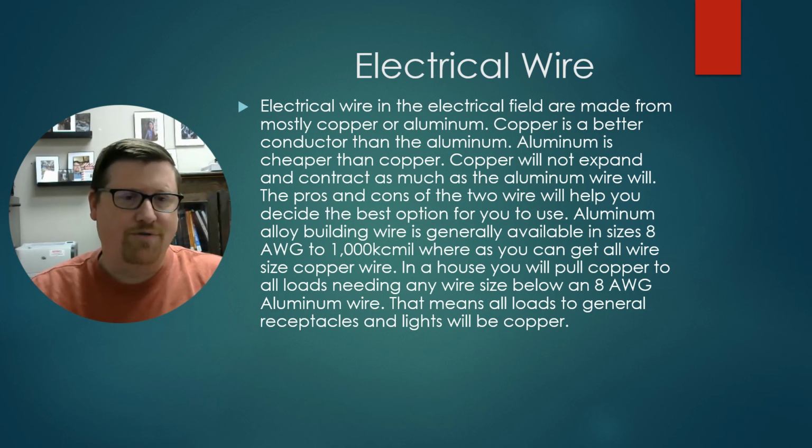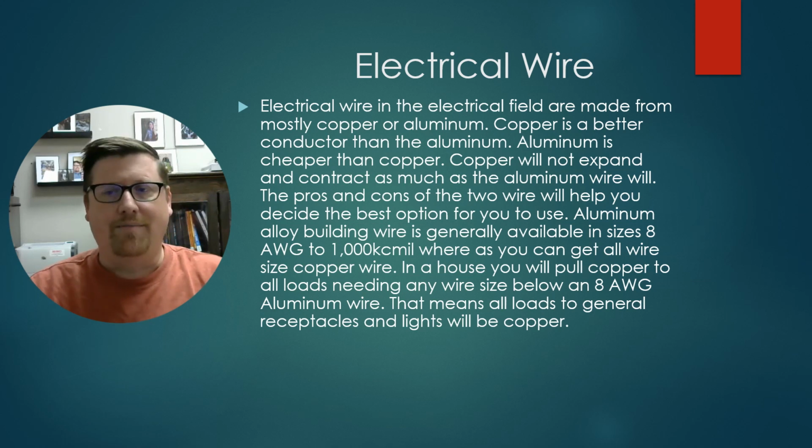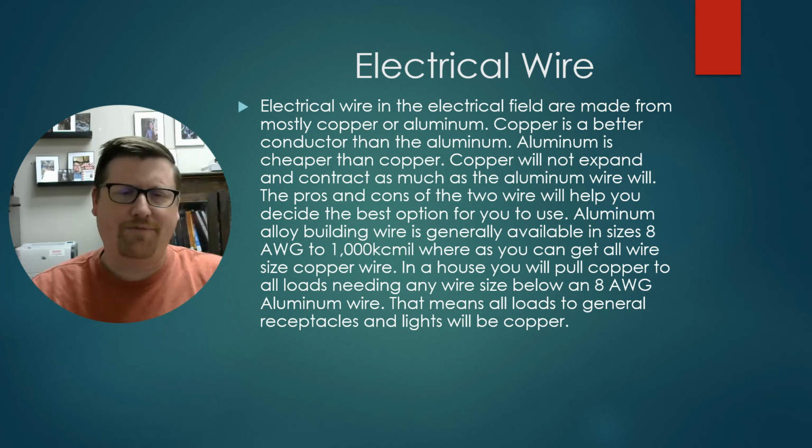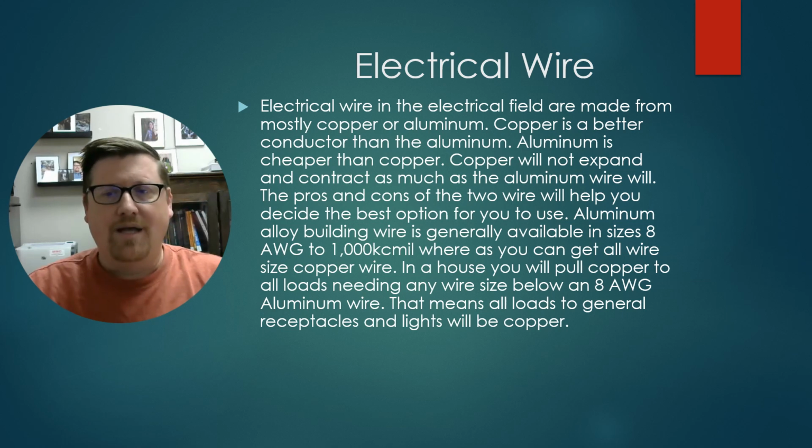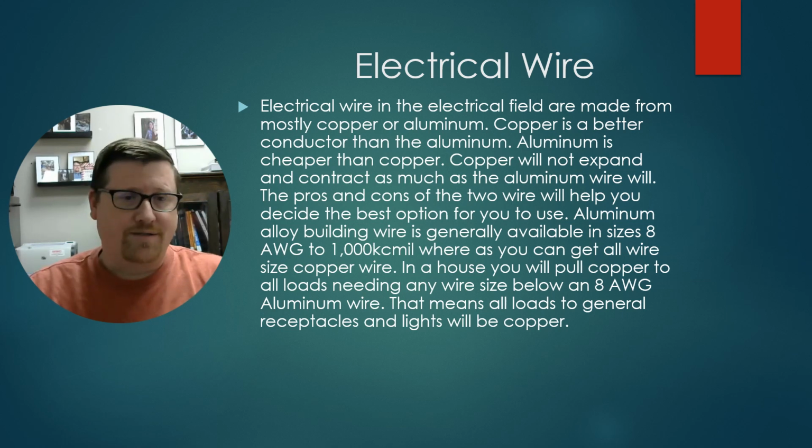Most places that's going to be aluminum now, because the cost is just so much cheaper. You can get aluminum in building sizes generally from about size 8 AWG up to like 1,000 kcmil, something like that. And you can get all wire sizes in copper.